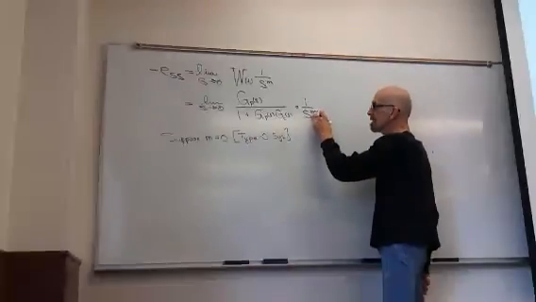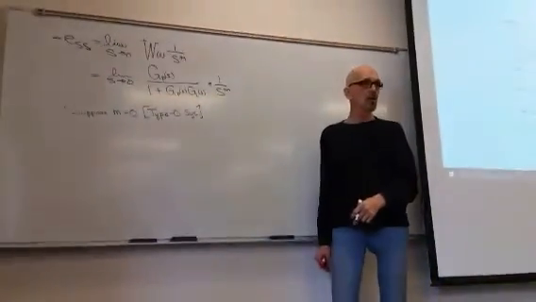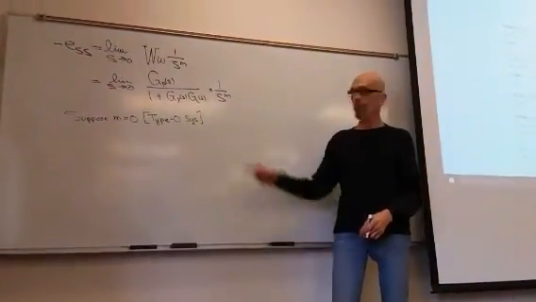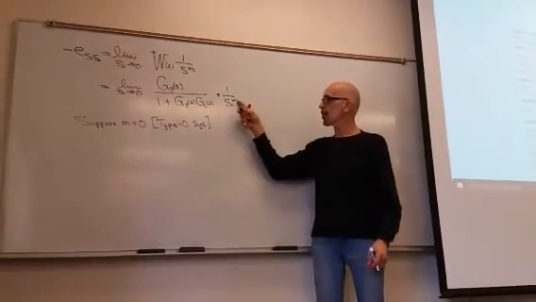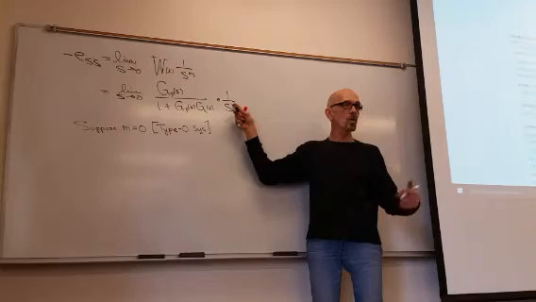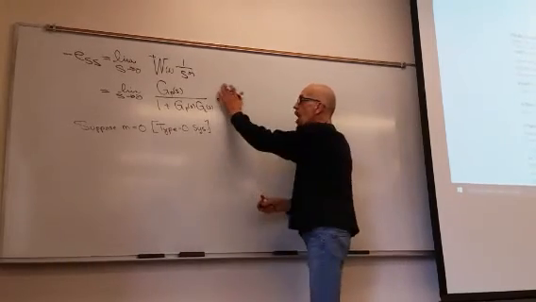So what happens to this when m is 0? Well, anything to the 0th power is 1. 0 to the 0th, but I mean we're letting s go to 0. For anything bigger than 0, this thing is 1. So as s goes to 0, this term is gone.